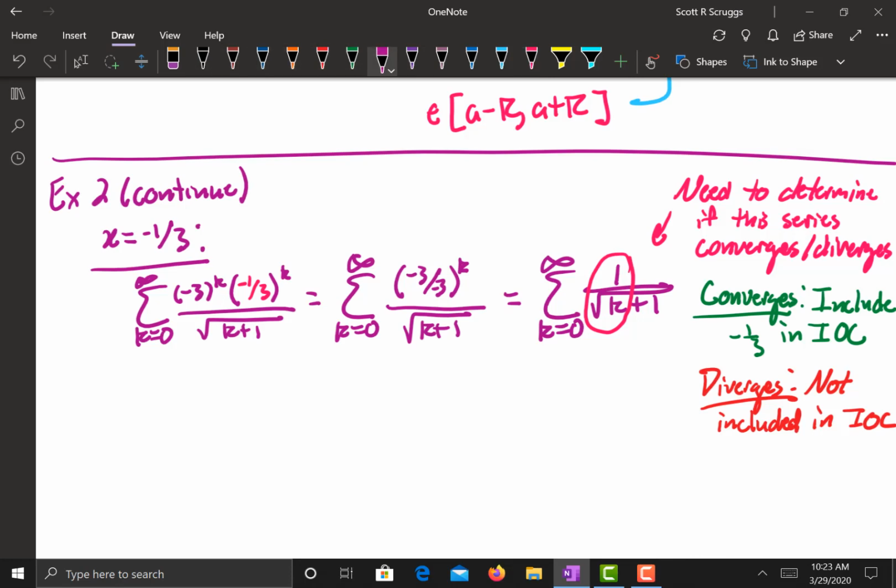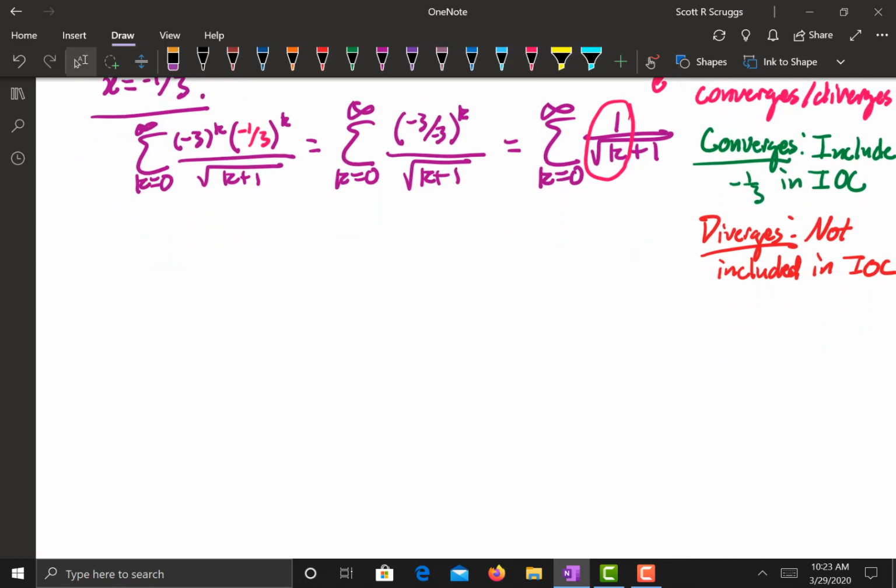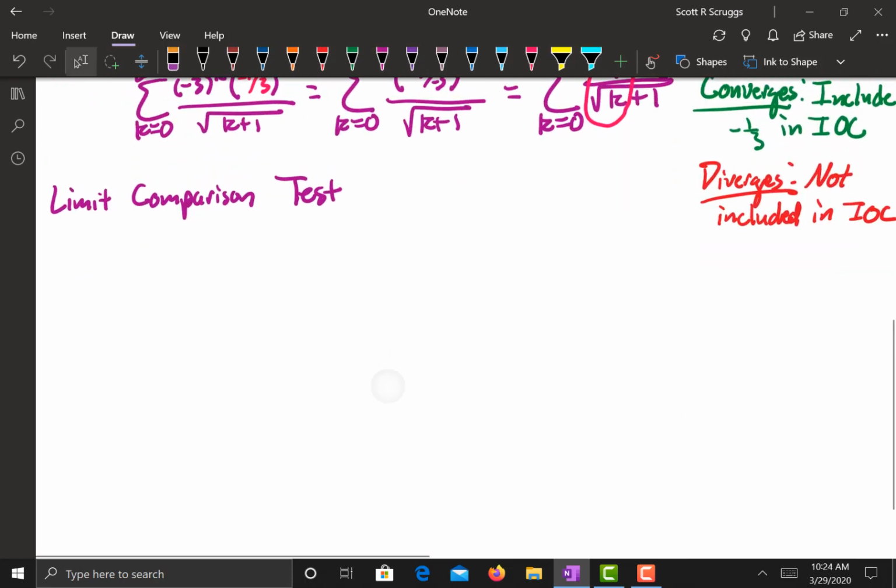So that means I'm going to do a comparison test, and remember, out of the two comparison tests, limit comparison test is your best friend, because we don't have to do that hiccup from before. And let's do our limit comparison test.